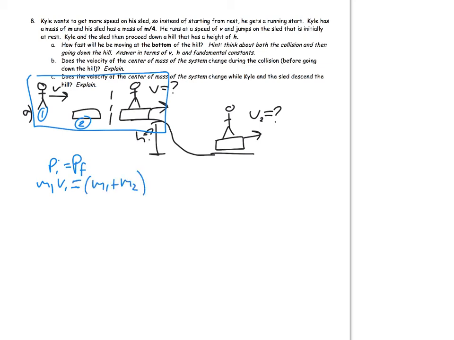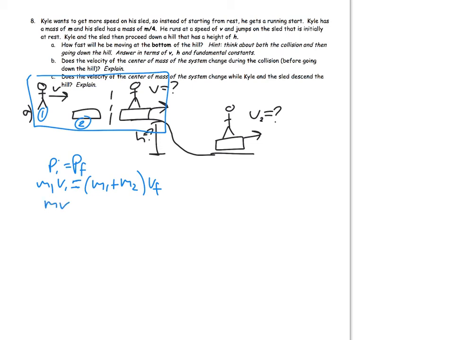The first thing I'm going to do is focus on this collision, and I'm going to do that by setting up my conservation of momentum. Initially we just have Kyle moving, so it's just m1 v1. Afterwards, Kyle and the sled are moving together, so m1 plus m2 times v final, their combined velocity. I can plug in the things I know.